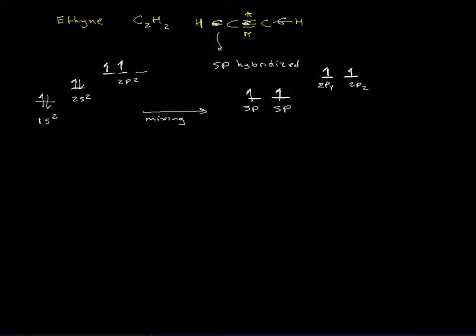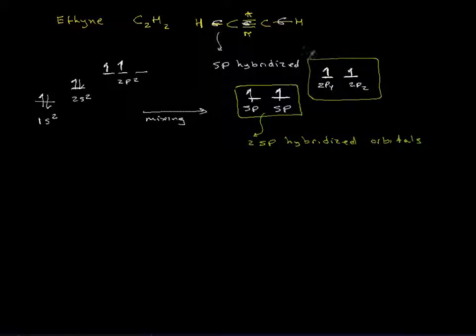Then again, I only mixed the 2 that I need. So these are 2 sp hybridized orbitals. And you should realize these 2 are at higher energy, I didn't mix them, therefore they're not hybridized.